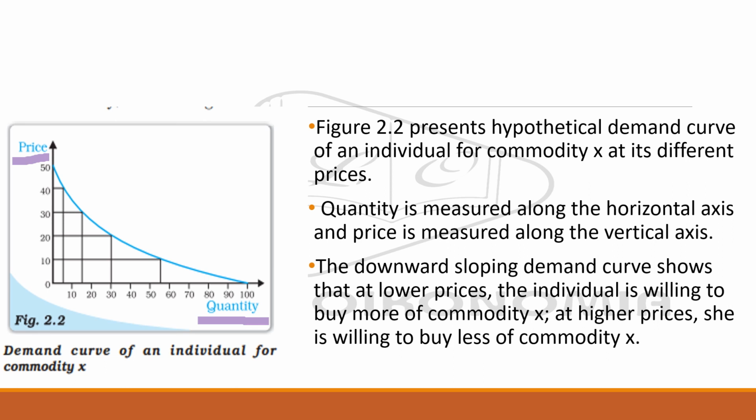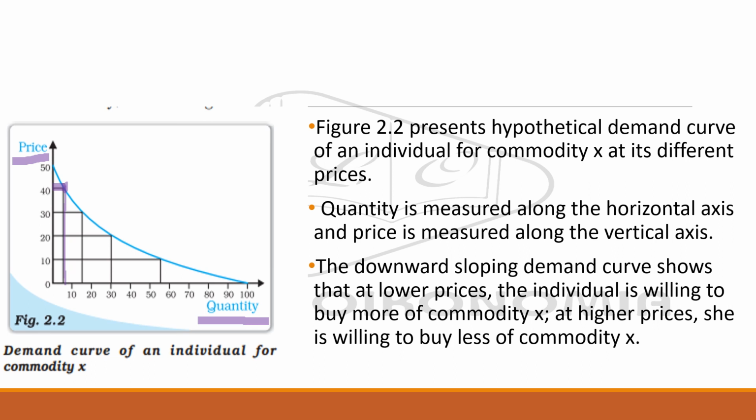At this particular point on the demand curve, you are purchasing the commodity for rupees 40, and for rupees 40 you are getting 5 units of the commodity.